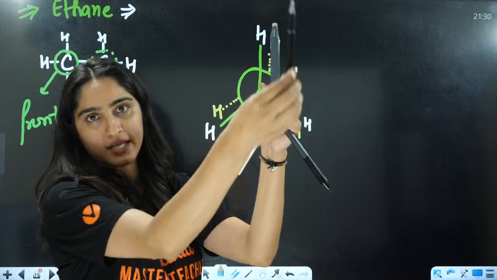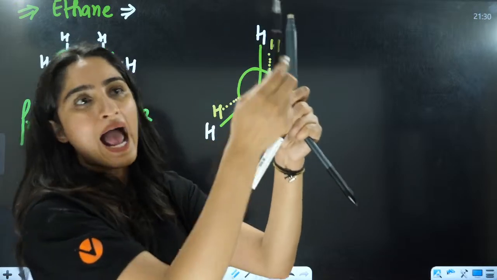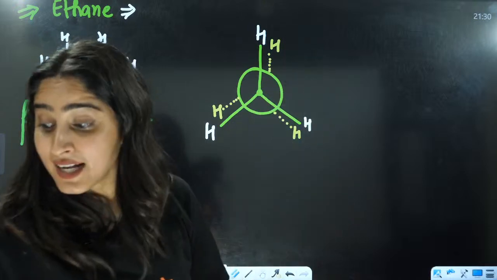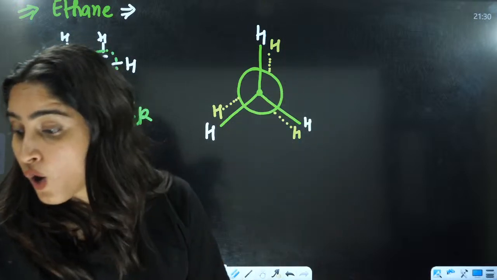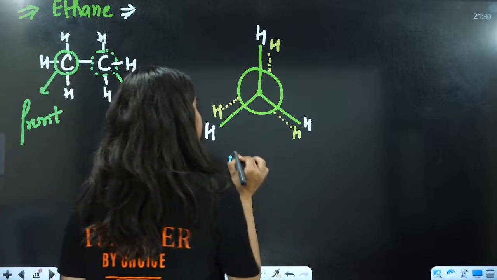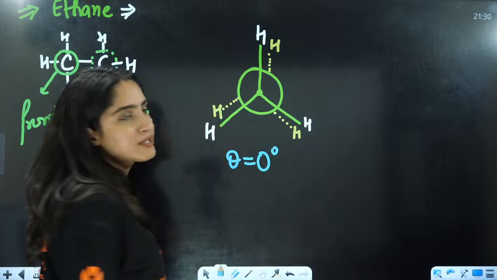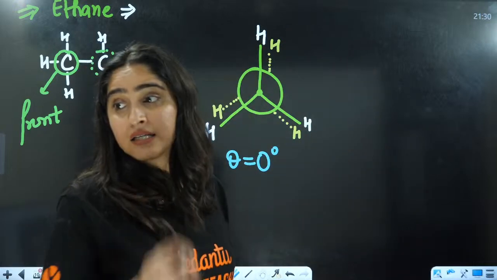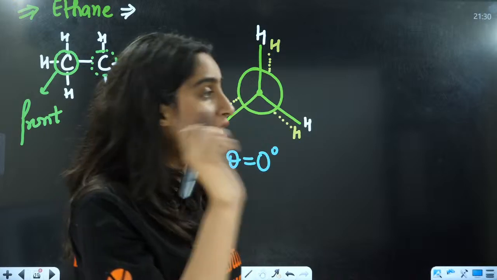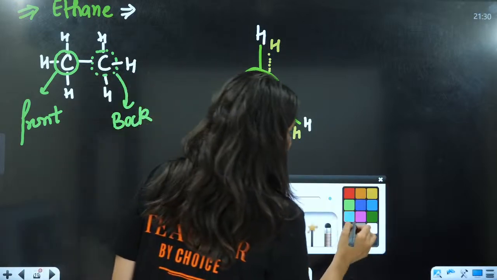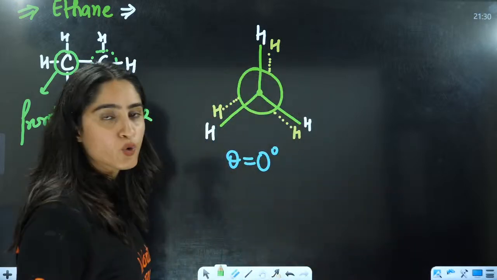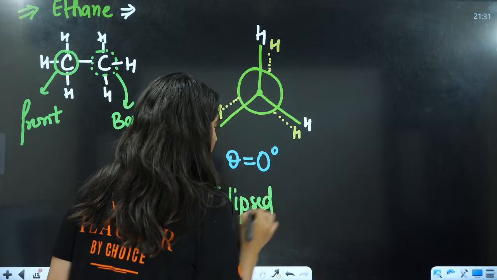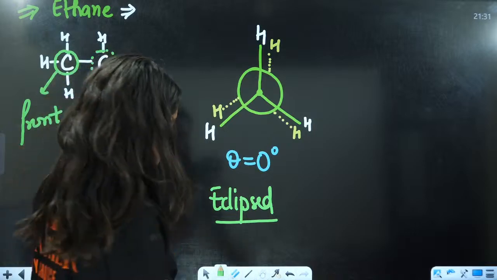There is no angle between this one and this one. That is the dihedral angle. So theta is going to be 0 degrees here. Did you understand that? And what is the name of this structure, everyone? Very good. This is the eclipsed structure.